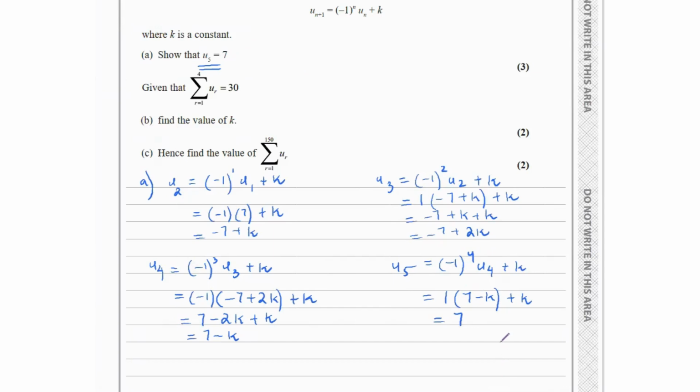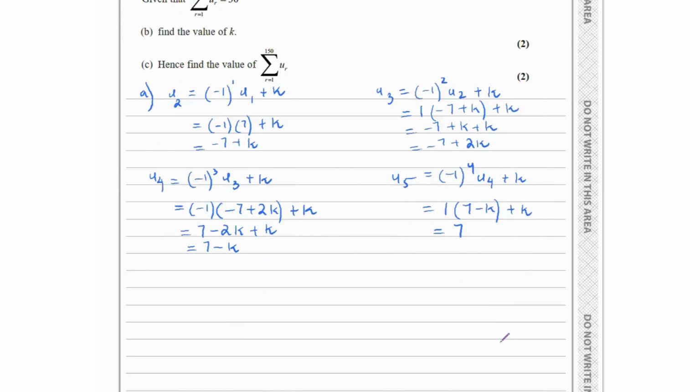It says given that the sum of ur from r equals 1 to r equals 4 equals 30, we have to find the value of k. So u1 plus u2 plus u3 plus u4 equals 30.